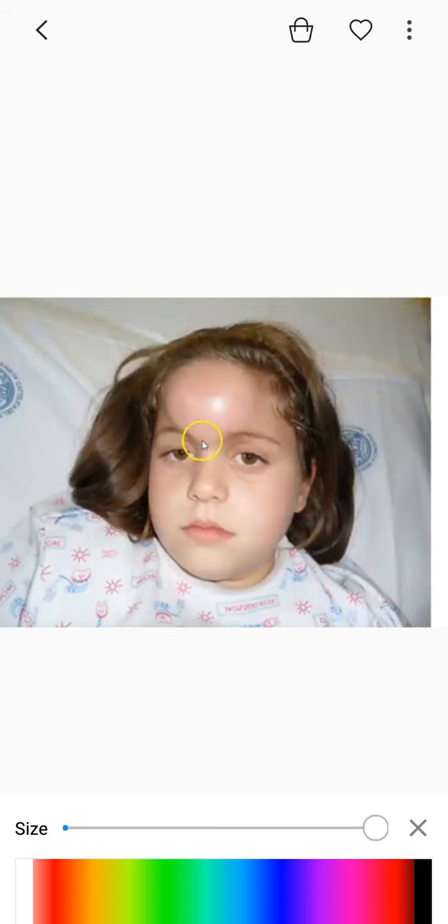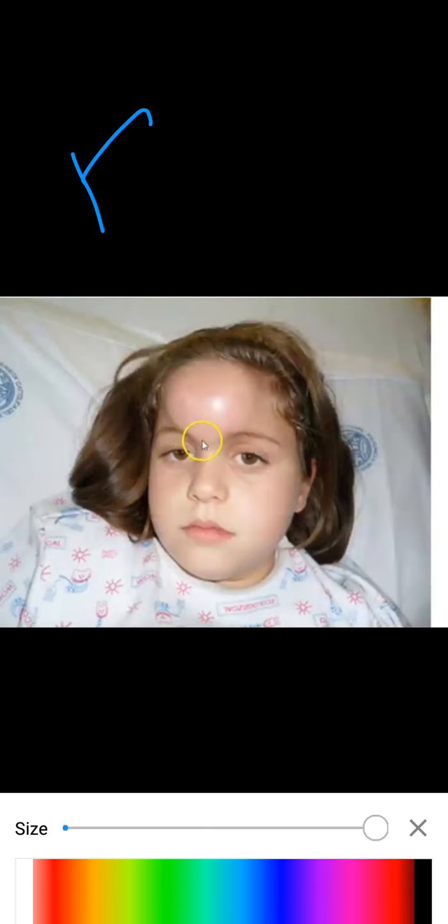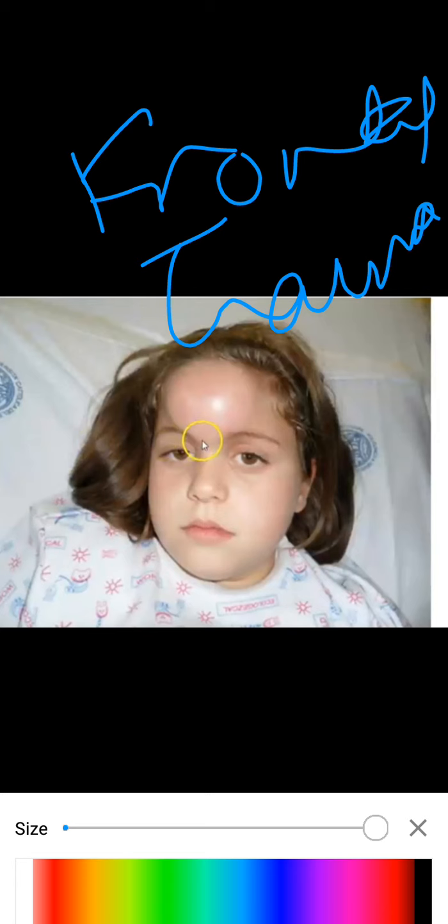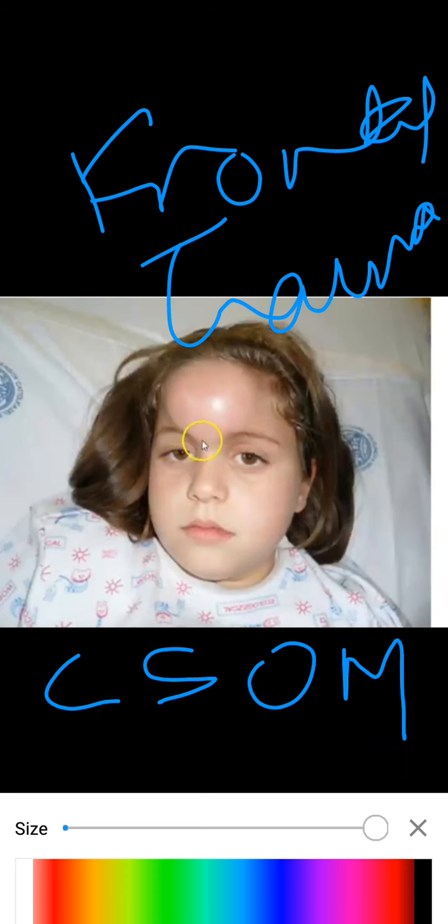Second one is your frontal trauma. Then third is your chronic suppurative otitis media, CSOM. And in the frontal sinus, that will be your post surgical case.